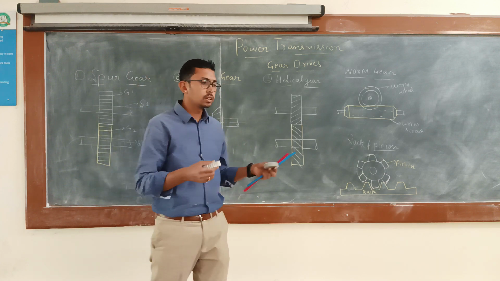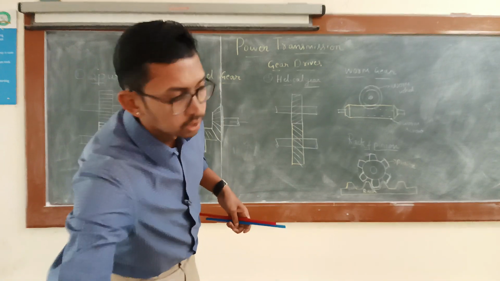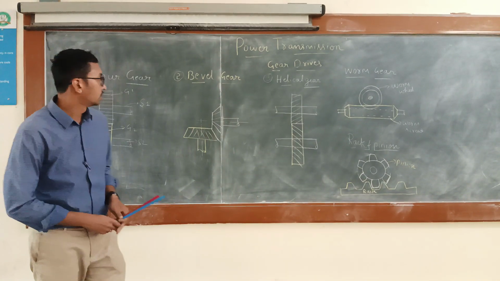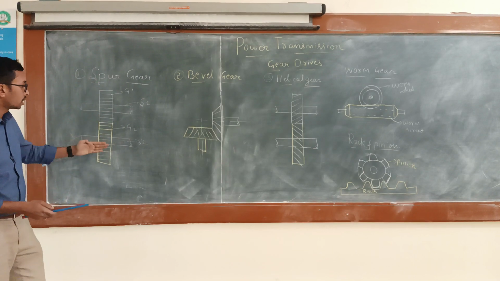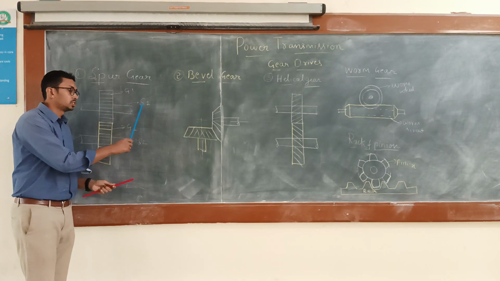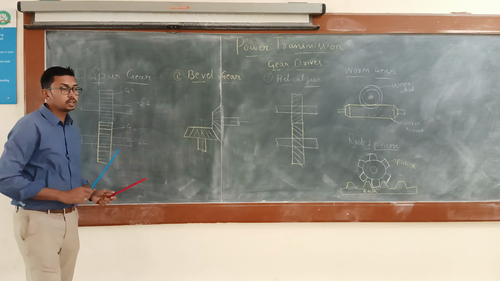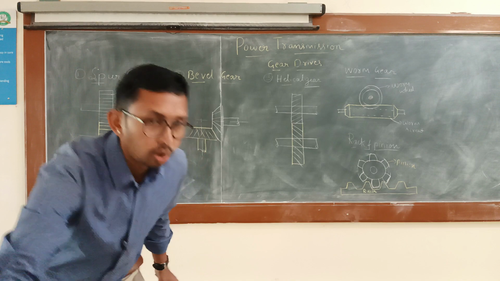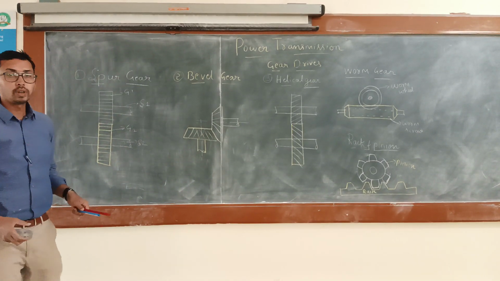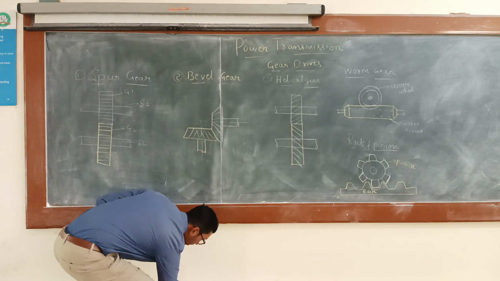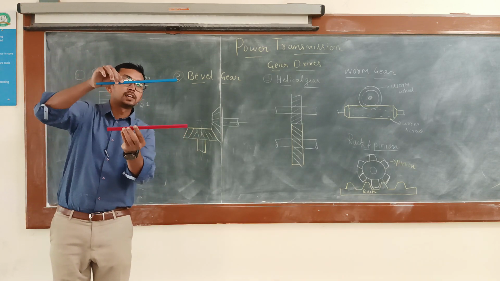There are different types of gears available. One of them is the spur gear. Here we transmit power from one shaft to another shaft, and on each shaft we mount a gear. We use the spur gear when we have to transfer power between two parallel shafts.